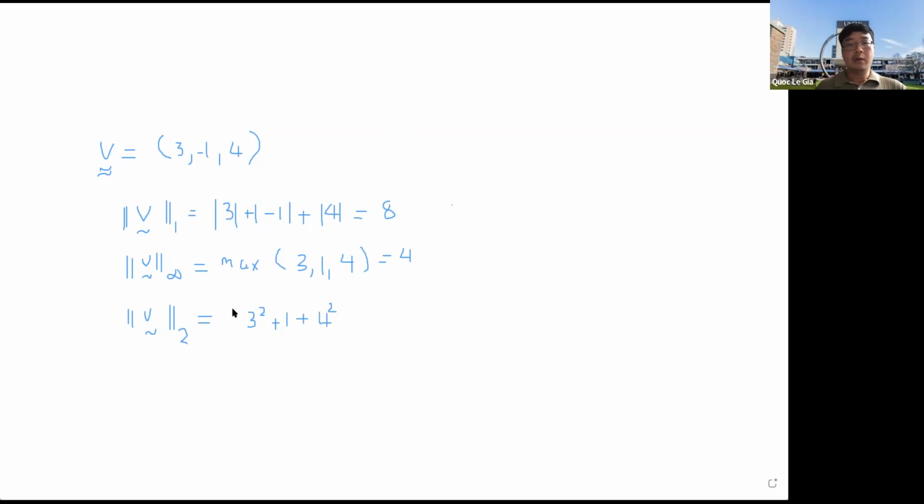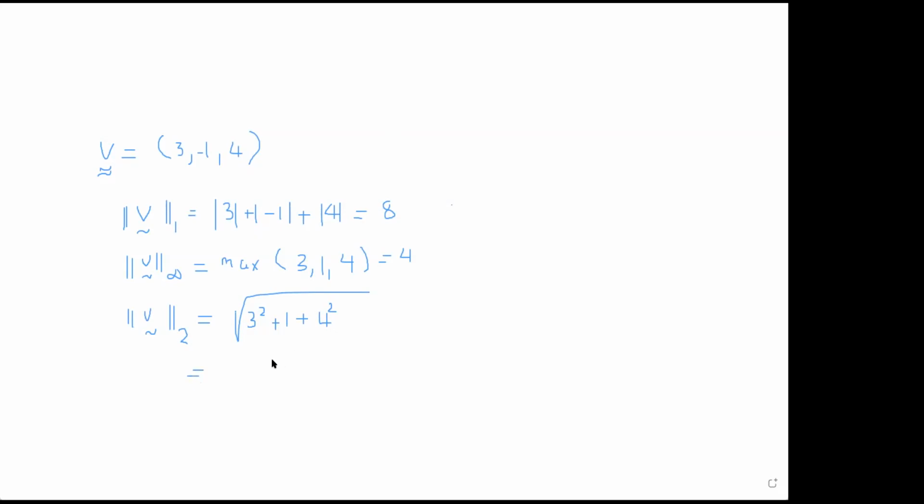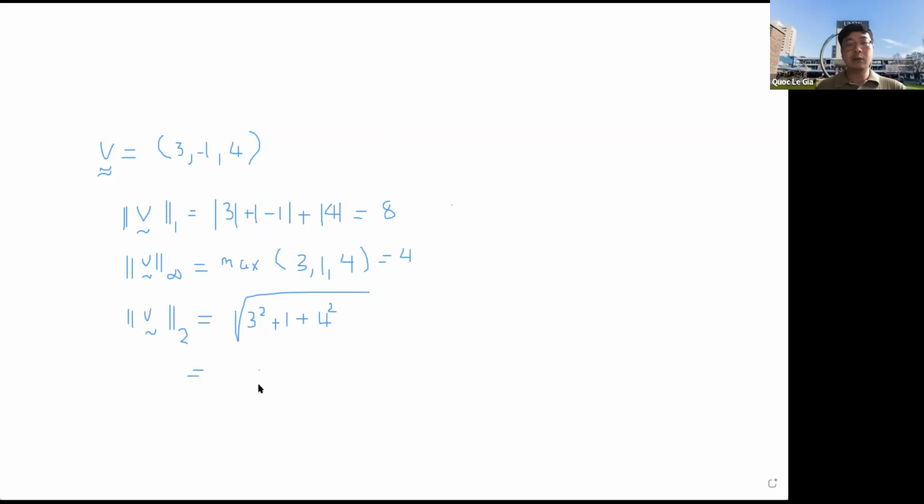So 9 plus 1 is 10, then plus 16, so 26. So take the square root of 26, then you get some number. That is how you compute the norm.